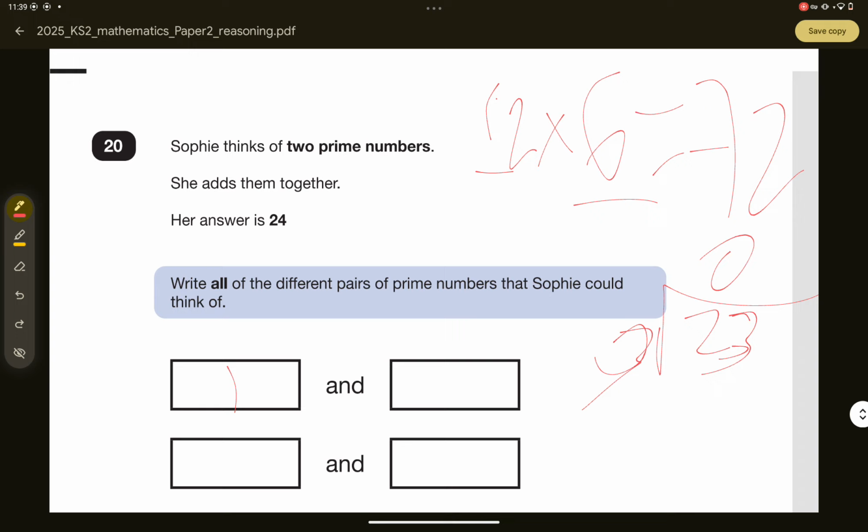Also, a prime number has two factors. Those factors are 1 and itself. So that would be 1 and 23.